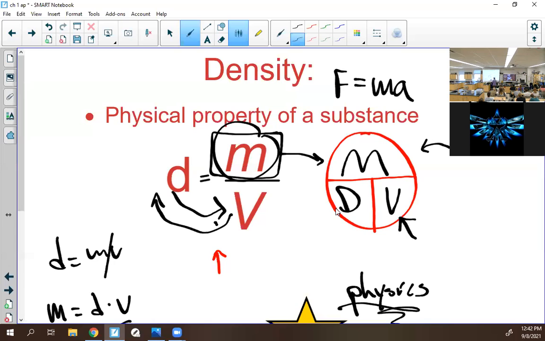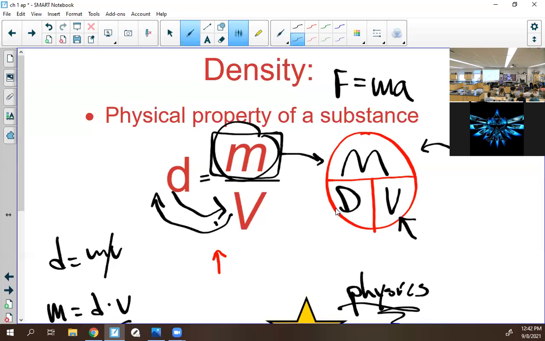Okay, now how this works, if two letters in this circle are next to each other, you multiply them. If two of the letters are on top of each other, you divide them. Now, you cover up in the circle the variable that the problem asks you for.